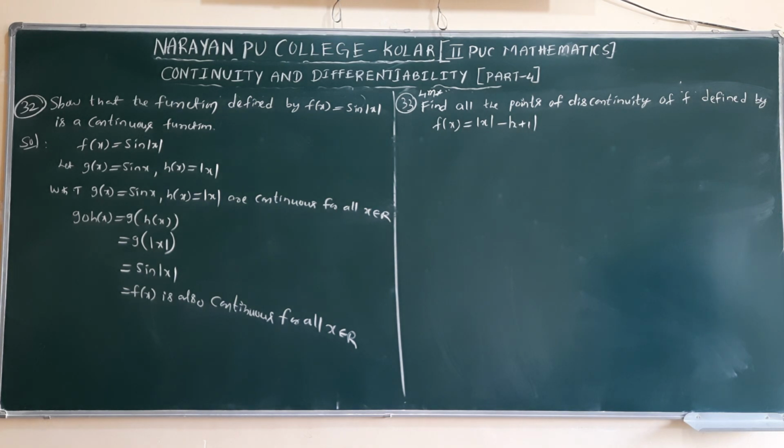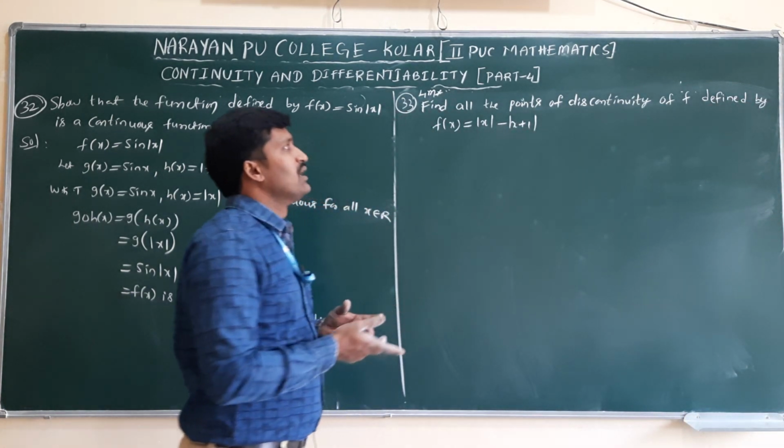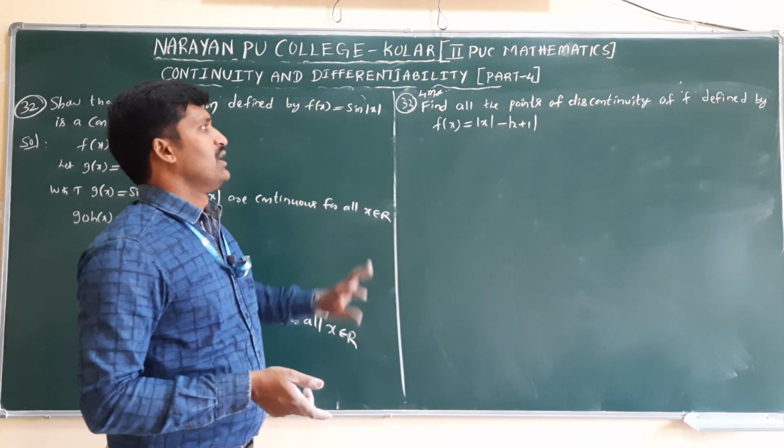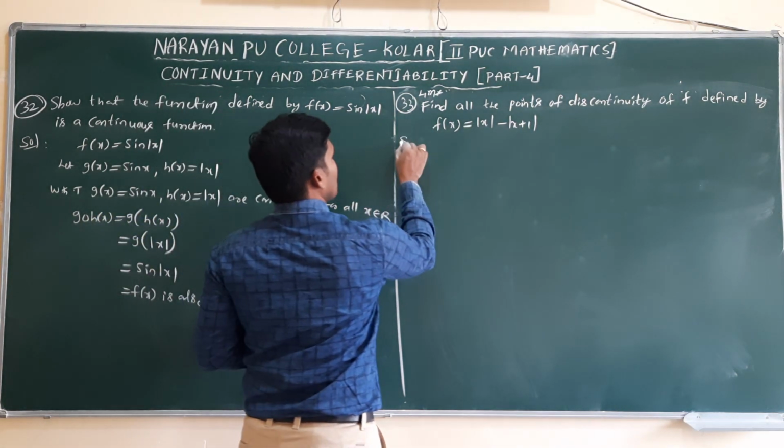Here we need to find all points of discontinuity. For checking points of discontinuity or continuity, the method is the same. We will verify the continuity concept. In that process, we can identify which points are discontinuity points.